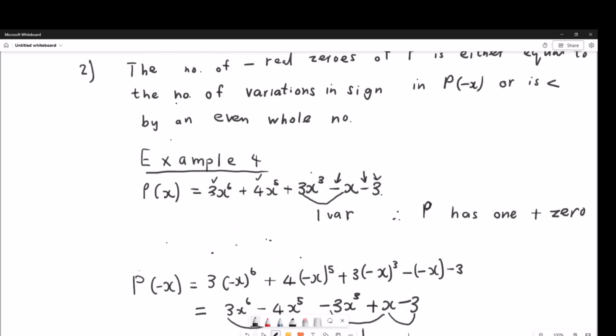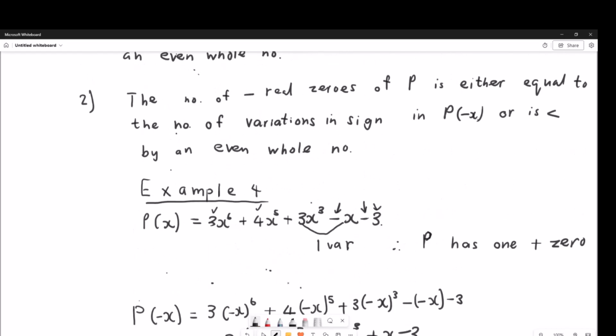So the rule says that the number of negative real zeros of p is either equal to the number of variations in sign in p of minus x. We picked up 3 variations in sign, or is less than that by an even whole number. The first even whole number is 2.